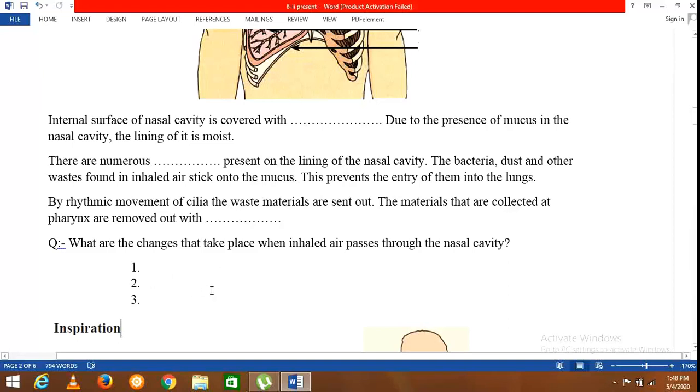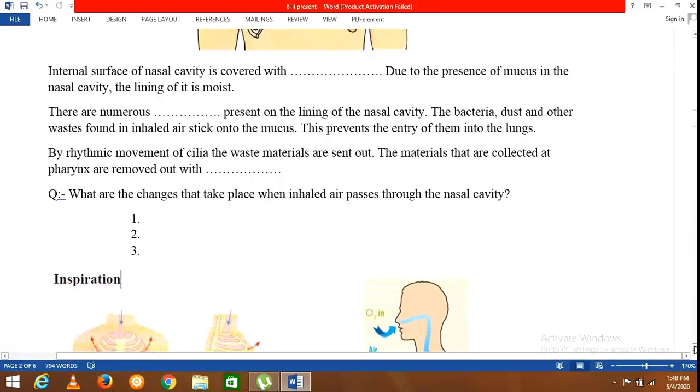Warming up of inhaled air. Then as the third change, we can say the waste materials are removed from inhaled air. Removal of waste from inhaled air. Those are three changes that happen when we inhale air through the nasal cavity.